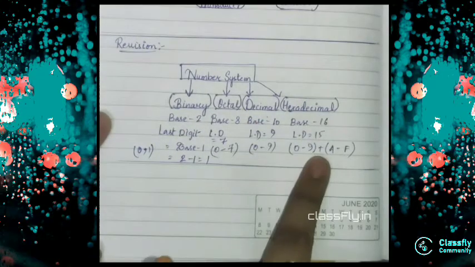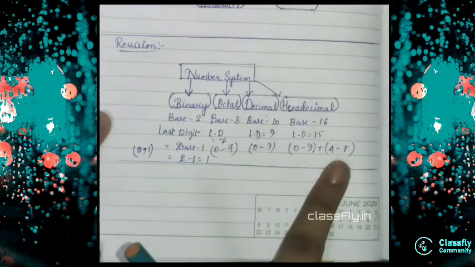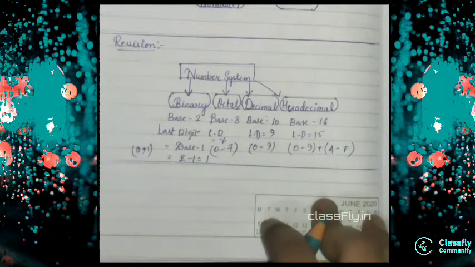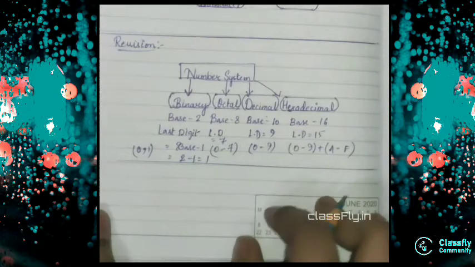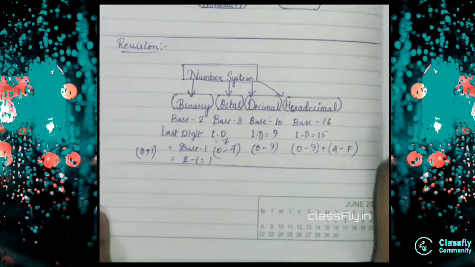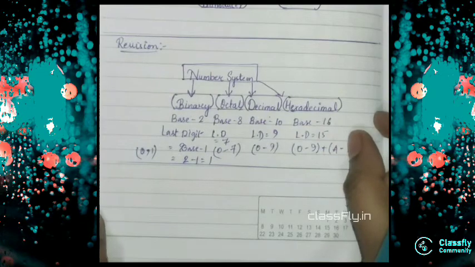Octal can be converted to hexadecimal, and vice versa, and decimal can be converted to hexadecimal and vice versa. So there are 12 conversions for the number system. To see all the conversions and to know them, you must visit all the lectures and try them.